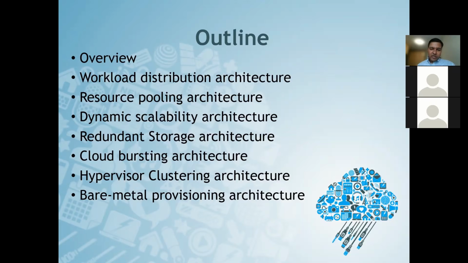Over time, different solutions have come up, and cloud service providers are coming up with different architectures. There are many more, but we will cover this much in our course.